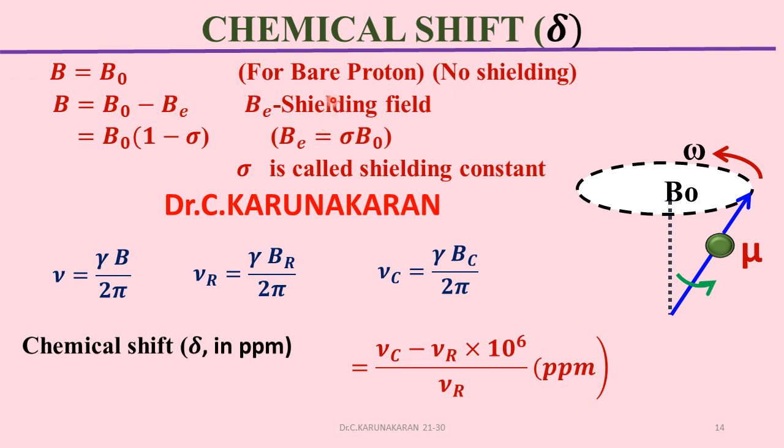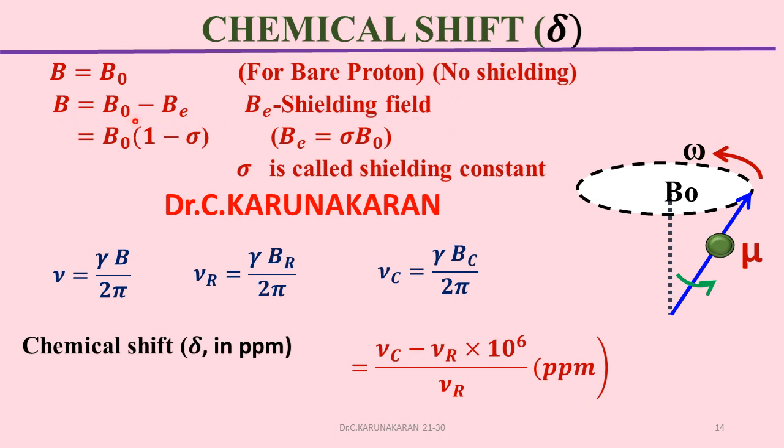Whereas, in the case of a proton in a compound or in a molecule, the magnetic field felt by the proton is less than the actual applied magnetic field. The applied magnetic field is B naught. Therefore, B equal to B naught minus B E, where B E is the shielding field due to the other nuclei and electrons present in the compound.